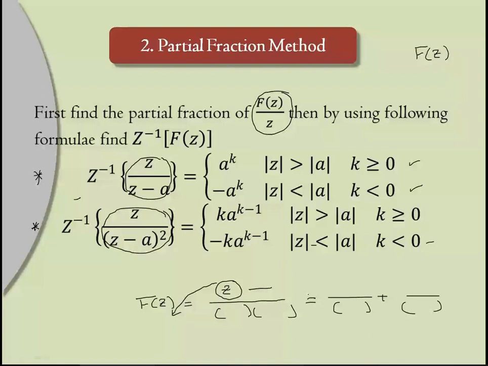After getting the partial fraction, take that z to the other side. We get z upon something plus z upon something. And then by using these two standard formulas, we can simplify it.